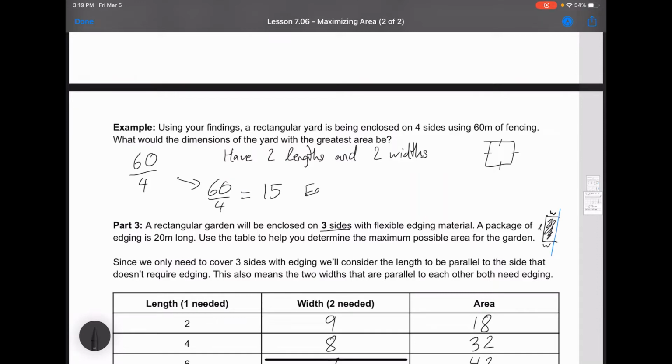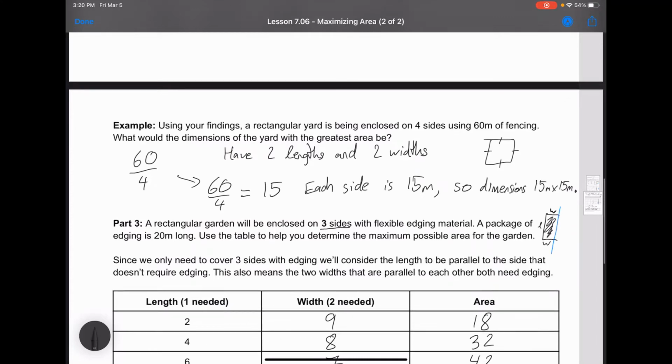So each side is 15 meters. So in terms of dimensions, you could write it 15 meters by 15 meters. And that would be our yard with the greatest area.